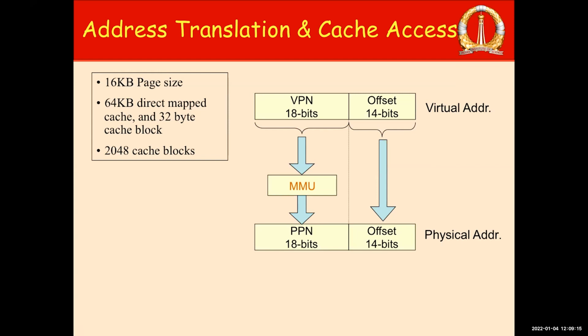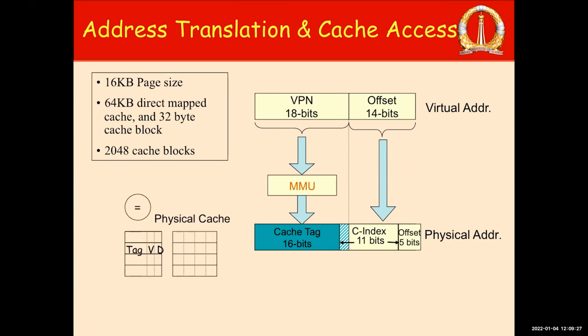Now, if I have to use this and index into the cache, this is what I do: I divide this into 5 offset bits, 11 cache index bits, and then the remaining tag bits. In a physically indexed, physically tagged cache, I use these 11 bits, which are part of my physical address, to index into the cache, and these 16 bits as my tag bits, and then do the tag check.